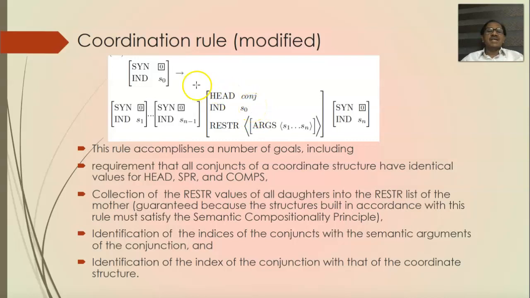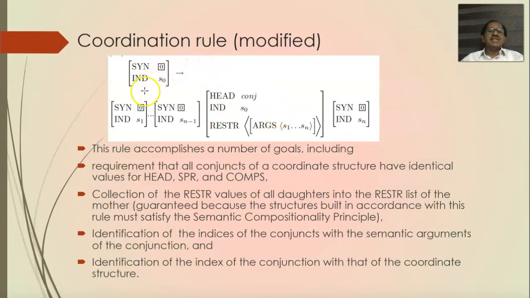Remember, we said the index value of the mother node of the coordinate phrase is the same as the index value of the conjunction, that is S0. Restriction value arguments S1 to Sn, and then the last conjunct is syntax with O and index value Sn, right?